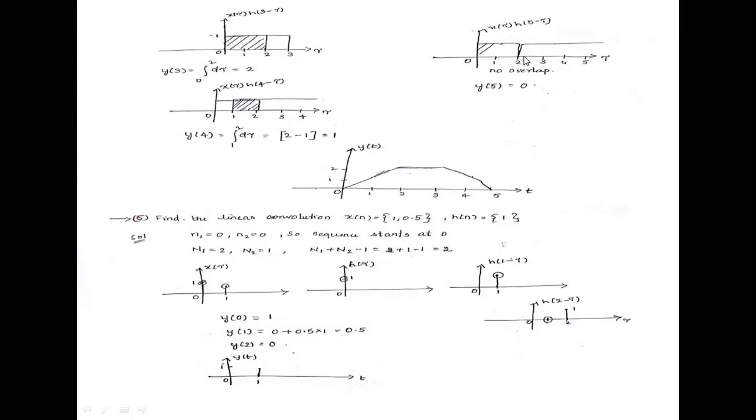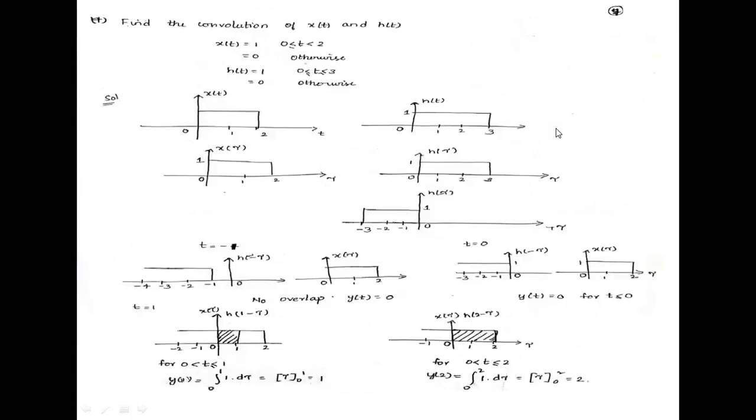See how I'll explain the values. I will draw here h of minus tau. In the first case, there is no overlapping.